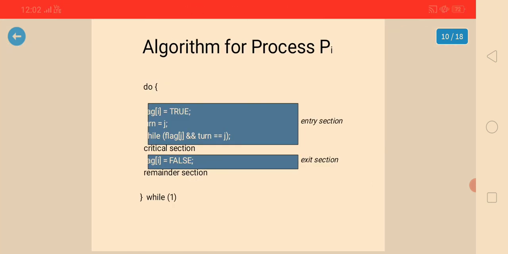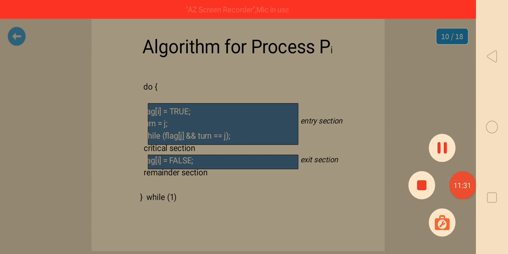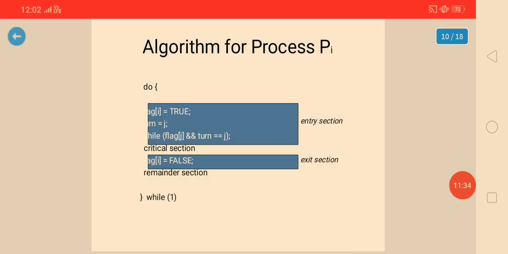So the algorithm for process Pi: do, flag[i] equal to true, turn equal to j, while flag[j] and turn is equal to j.